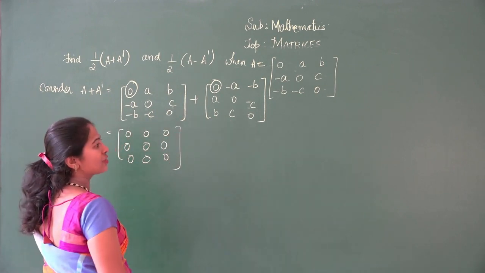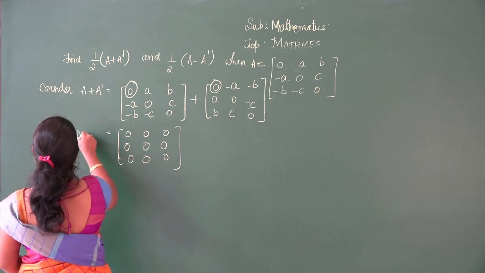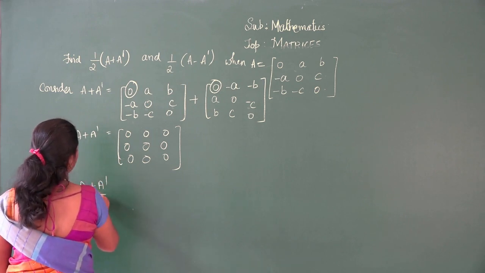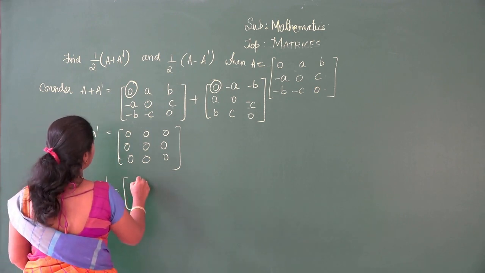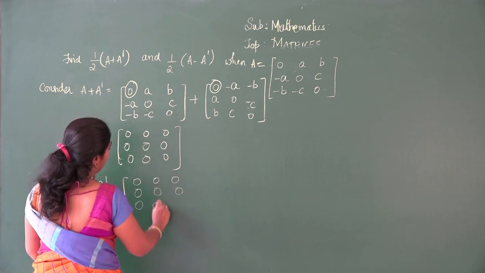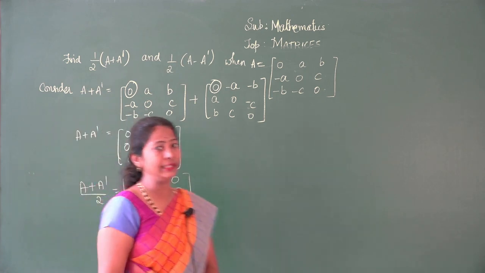A plus A dash is a null matrix. We are supposed to find what? A plus A dash by 2, which is nothing but a 0 matrix itself. This is nothing but A plus A dash by 2.